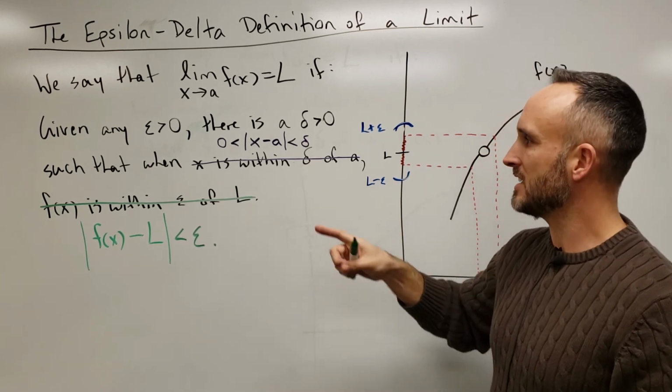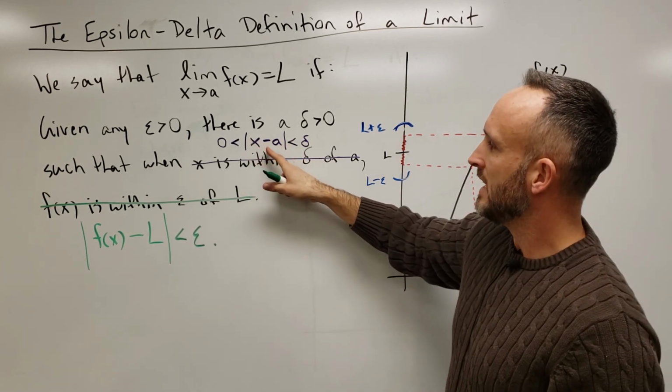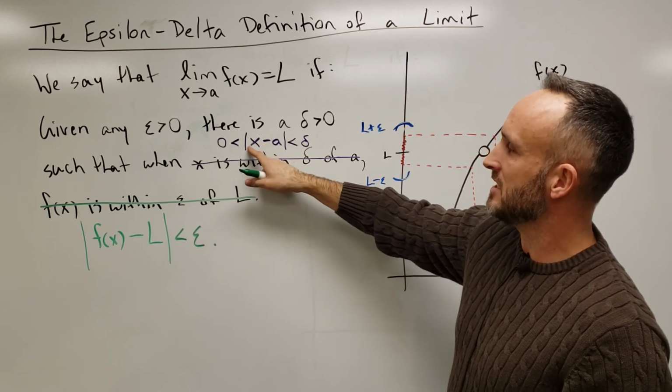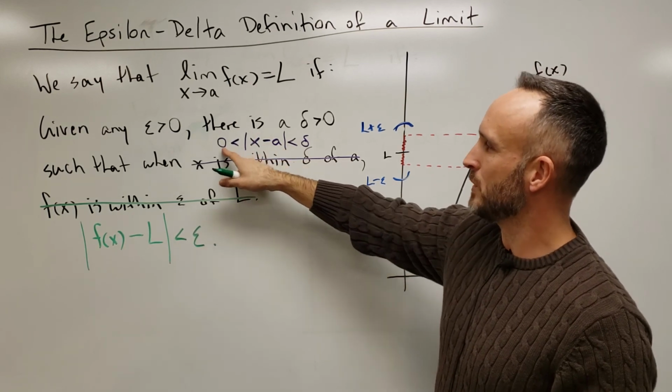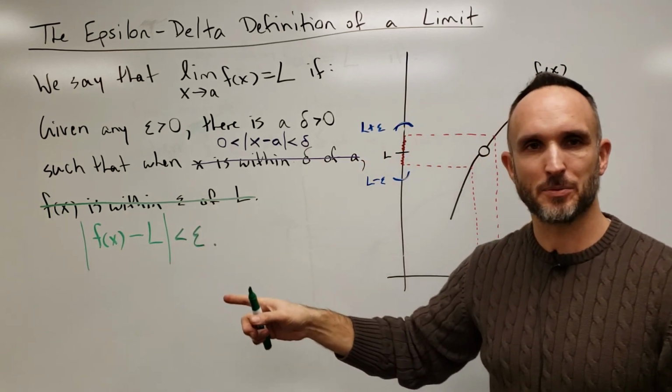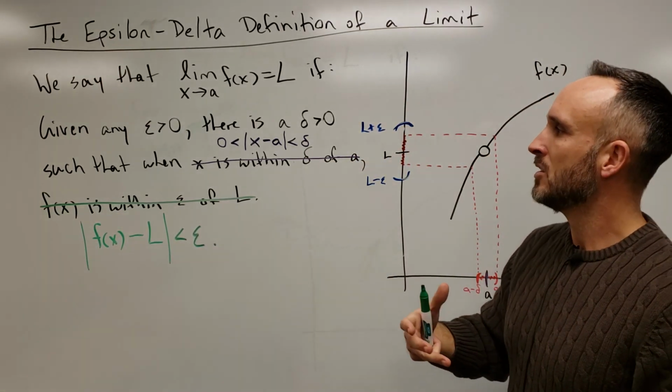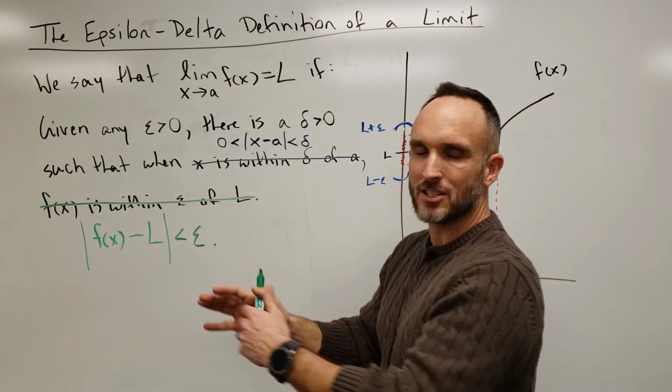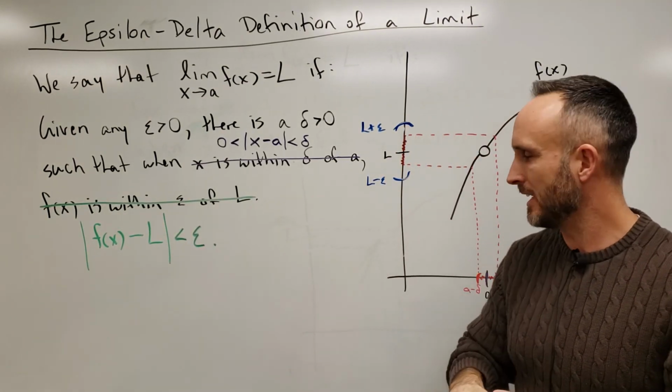Personally, when I read this, I still read this as, well, you could say the distance between x and a is between 0 and delta, and the distance between f of x and L is less than epsilon. That might help you relate the notation back to the actual definition and its meaning.